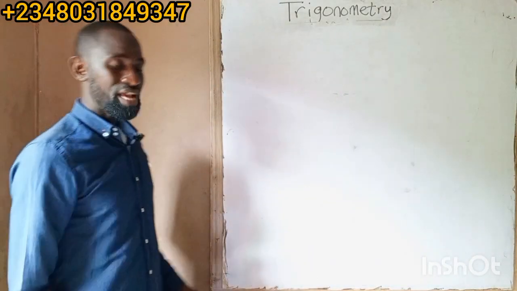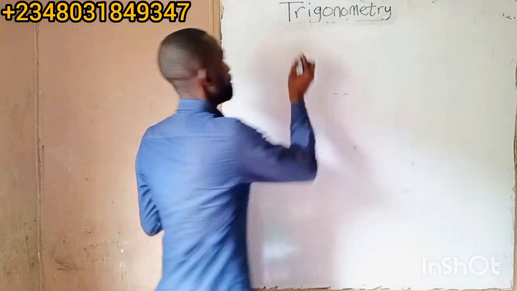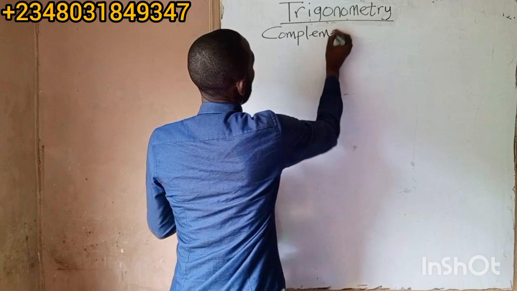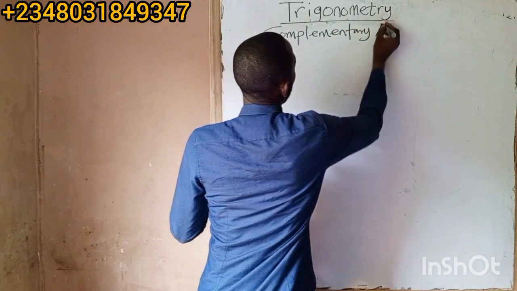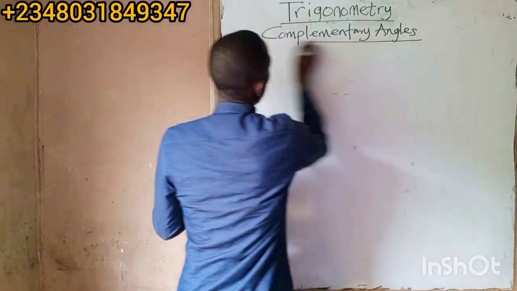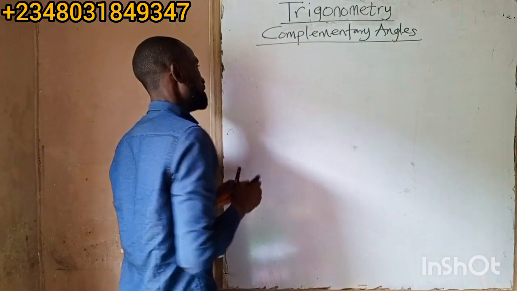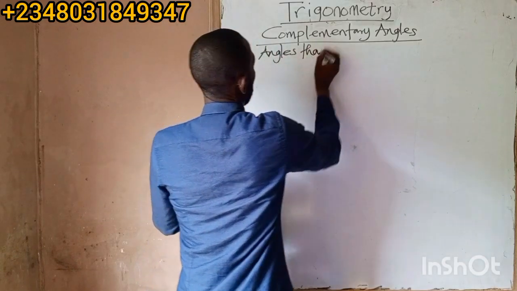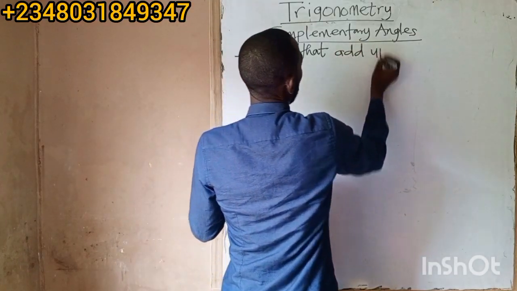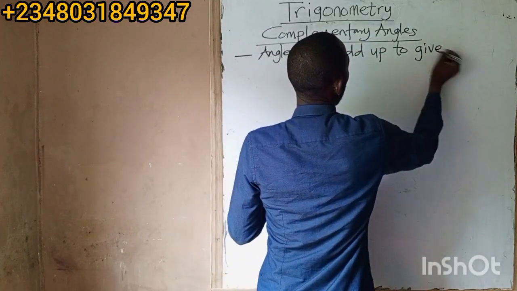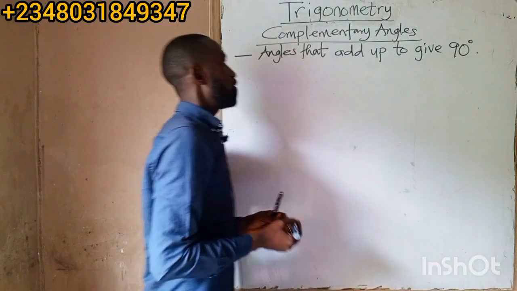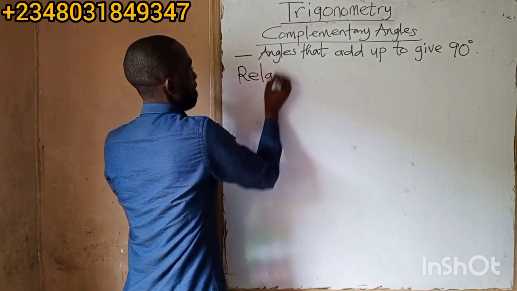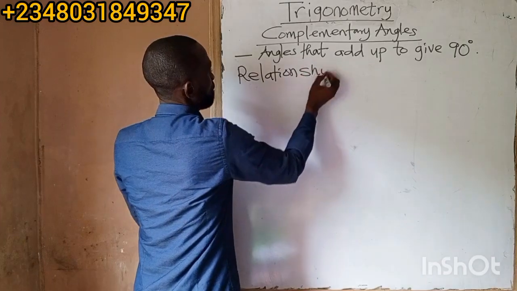Complementary angles are angles that add up to give 90 degrees. So we have some facts, some relationships, under complementary angles.